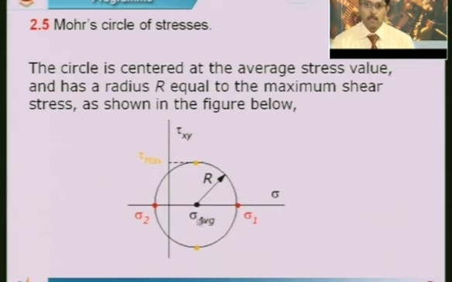The average stress is the midpoint of the circle and the radius is equal to the maximum shearing stress. The maximum value on the sigma axis corresponds to the maximum principal stress, sigma 1, and the minimum corresponds to the minimum principal stress, sigma 2.